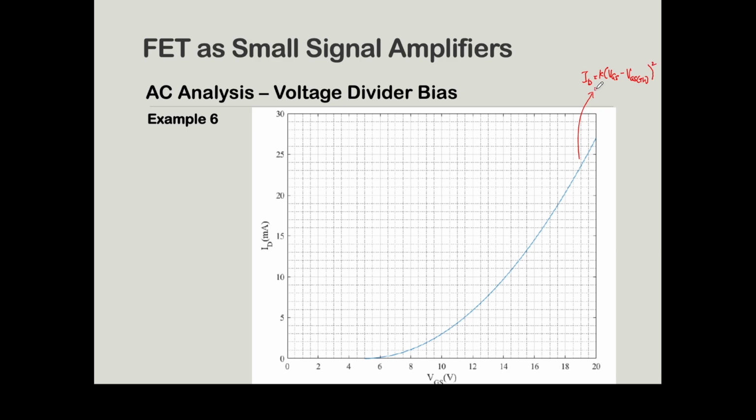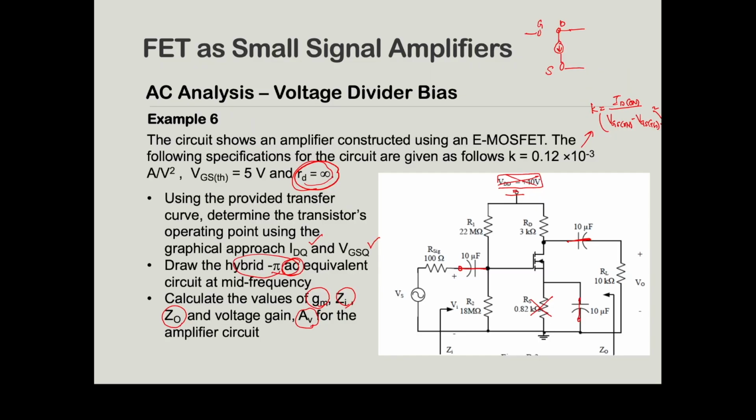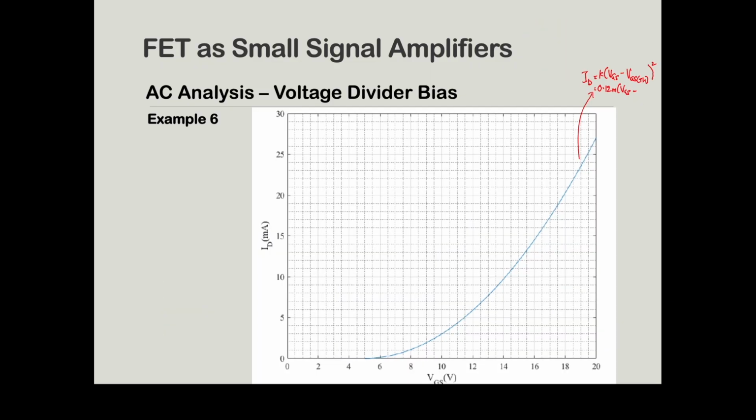And K is given to us as 0.12 milli. VGS is based on the value, and VGS-TH is given as 5 volts, right? So you don't have to calculate anymore because this is provided to you.